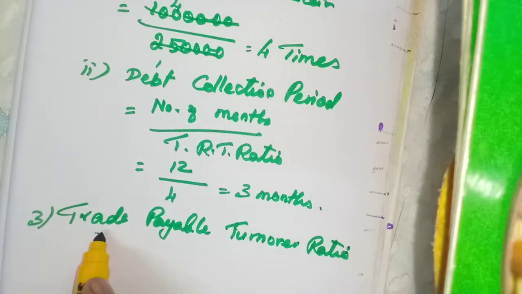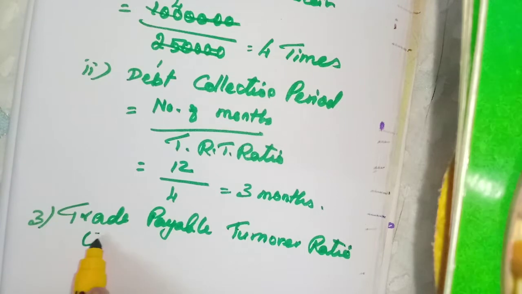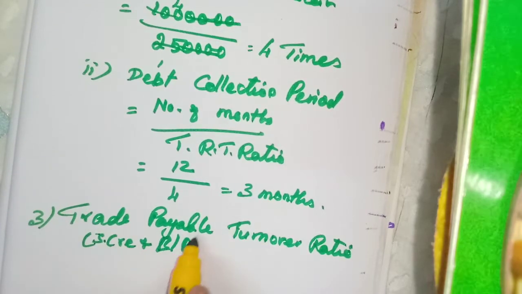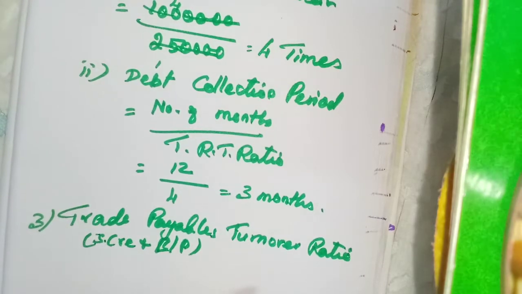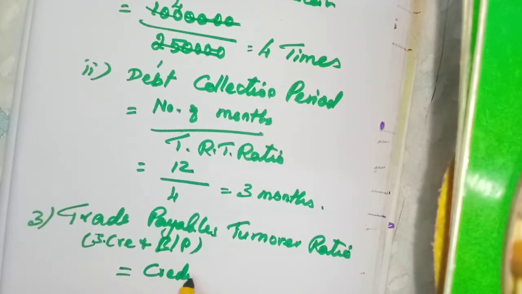That means the amount that we need to pay, that means sundry creditors and bills payable. Together these are trade payables. Here it is related to credit purchases.